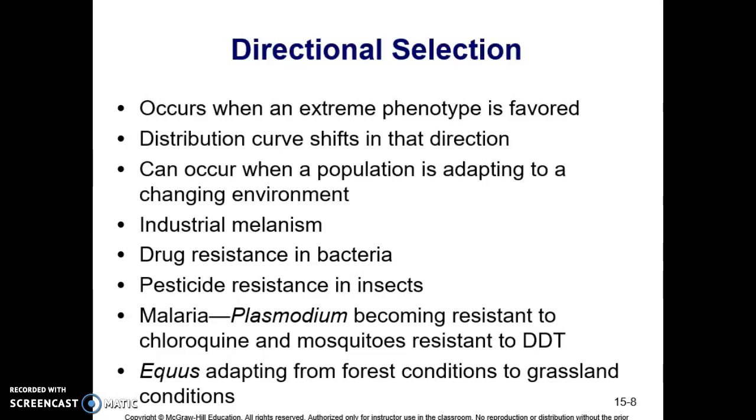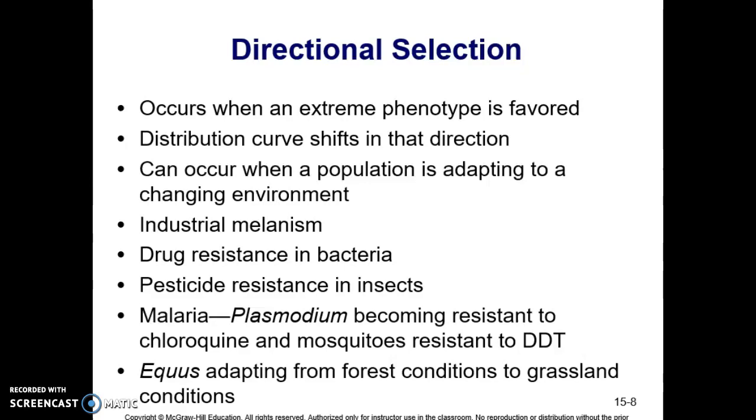There was so much soot from the coal-burning factories that it actually darkened the trees and the ground and the rock surfaces of the area, and therefore populations, because they now didn't have camouflage for this darker coloration, started shifting towards darker phenotypes over time. And again, individuals didn't change, but the individuals that normally came out a little darker in the next generation had a lot more of an advantage in this new environment.